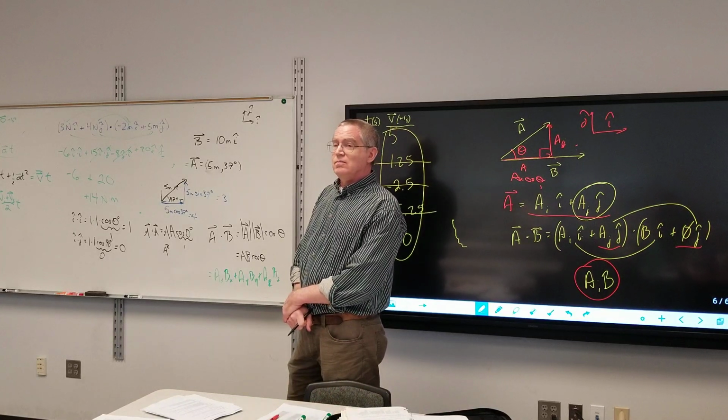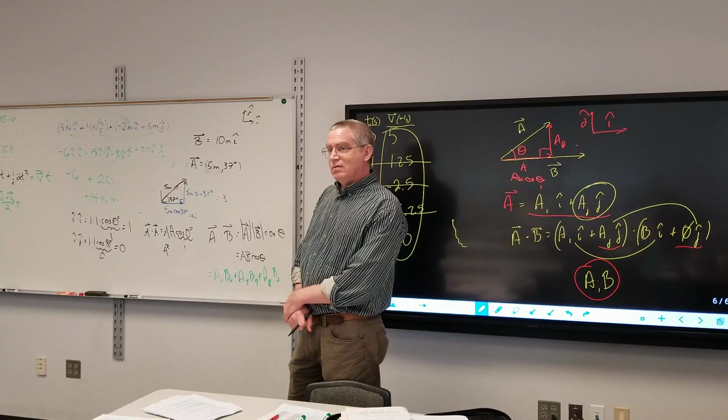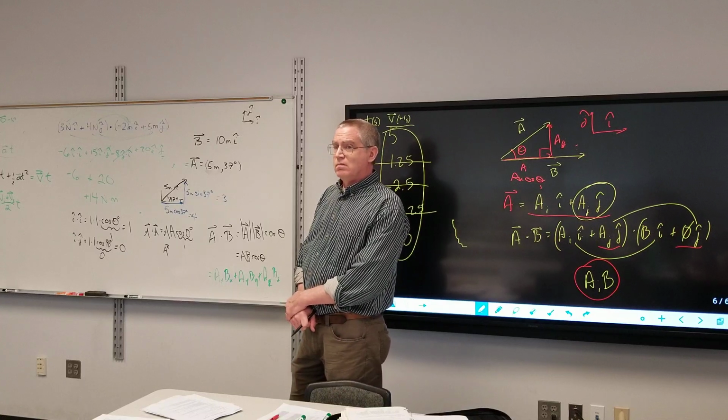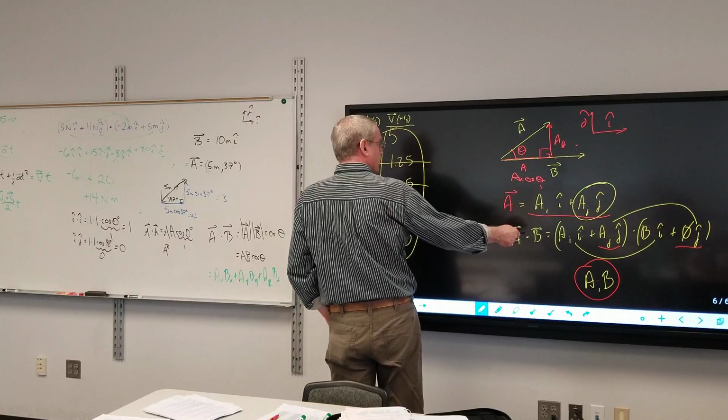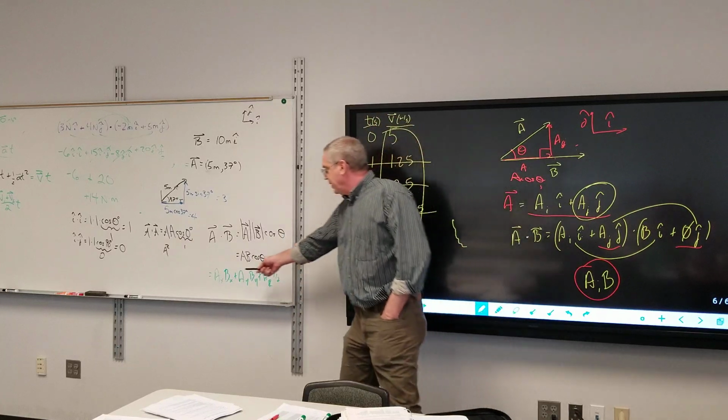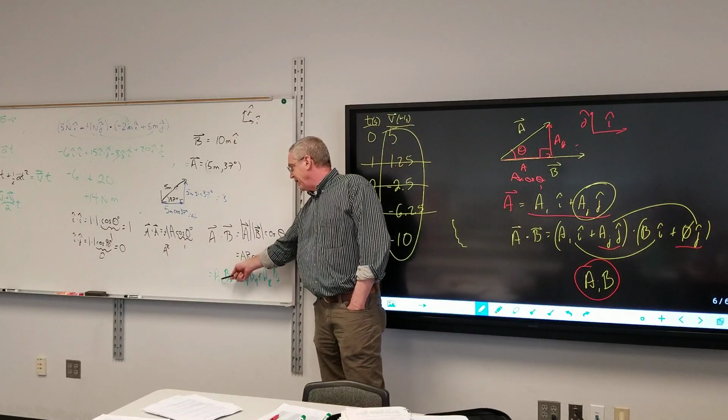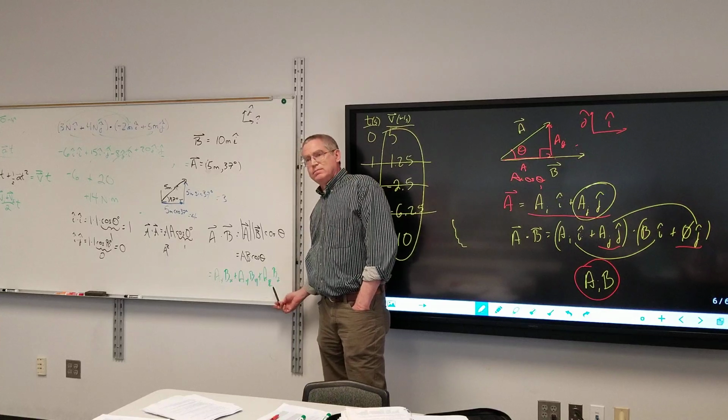Which is different from that, or is it the same? It's the same. Because what we did over here is, in essence, you're multiplying the i hats together, the j hats, the k hats.